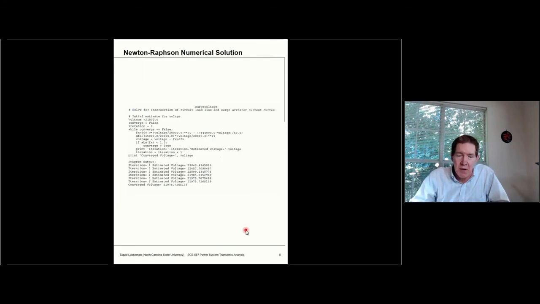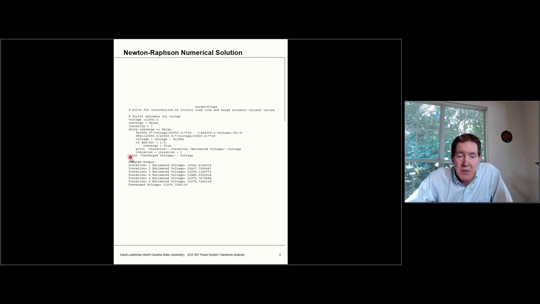I've written a small program for doing this, and my initial guess is 21,000. I have a function defined, in this case with voltage in terms of x, and I calculate the derivative of that.